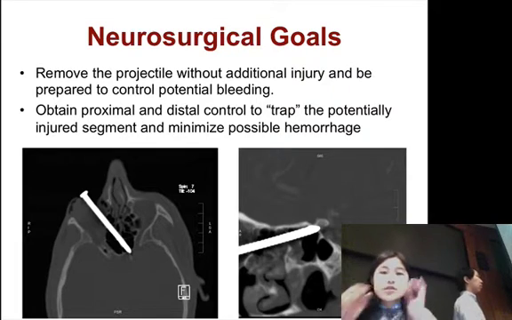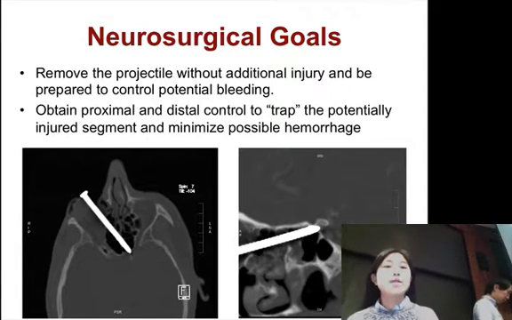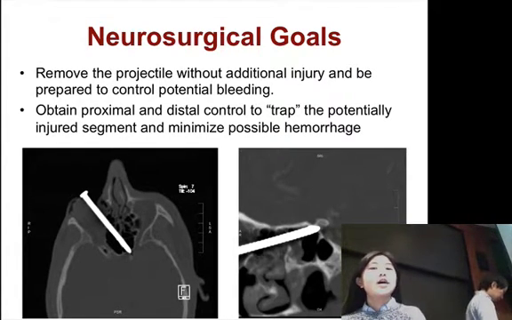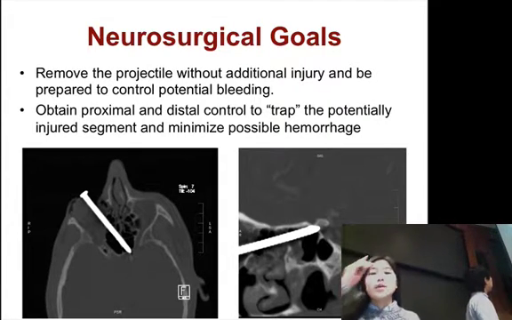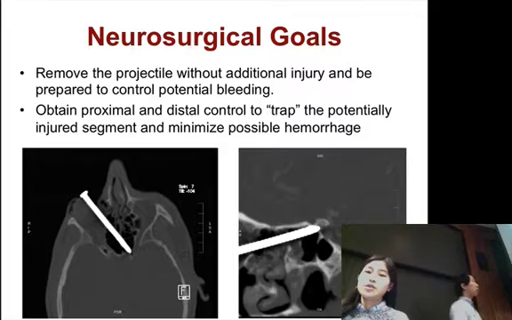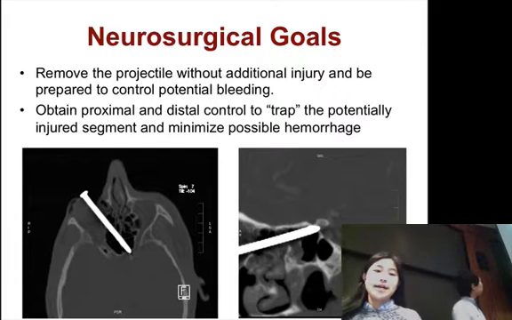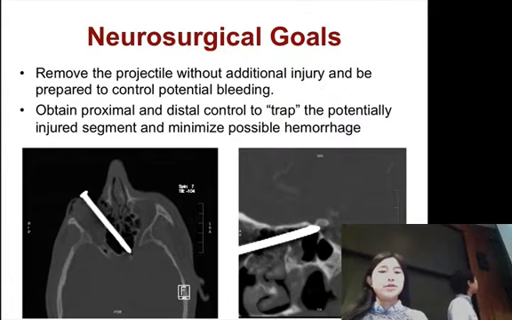So the neurosurgical goals are to remove the projectile without additional injury and be prepared to control potential bleeding. They don't want to do a craniotomy unless they really have to. So they try to obtain proximal and distal control to trap the potentially injured segments and minimize possible hemorrhage.